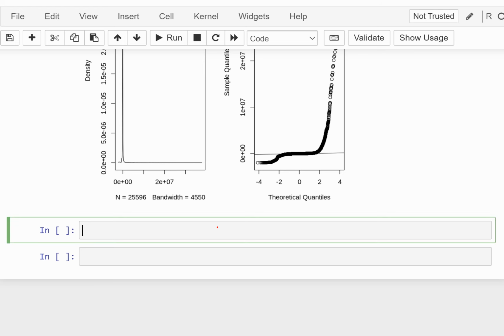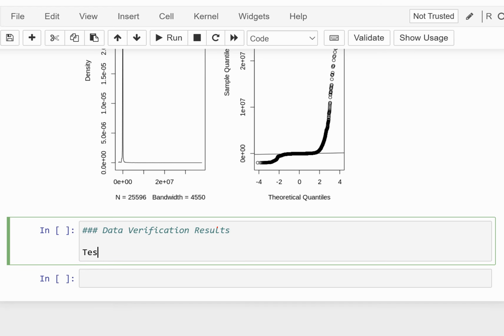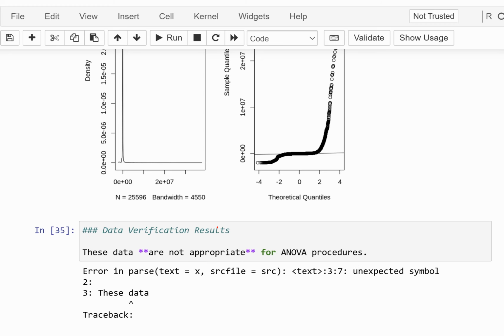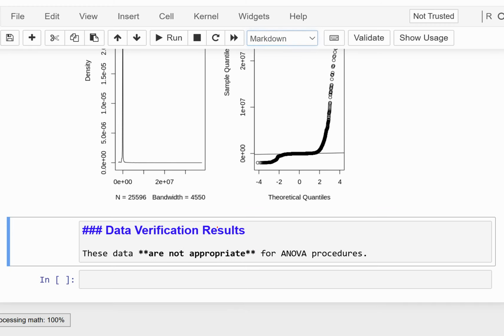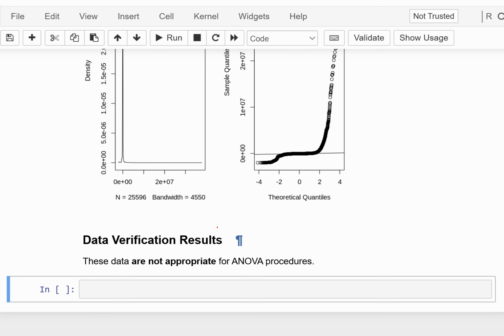Our data verification result is these data are not appropriate for ANOVA procedures. It was an interesting question, but we're not going to be able to answer it. This data verification just failed massively.